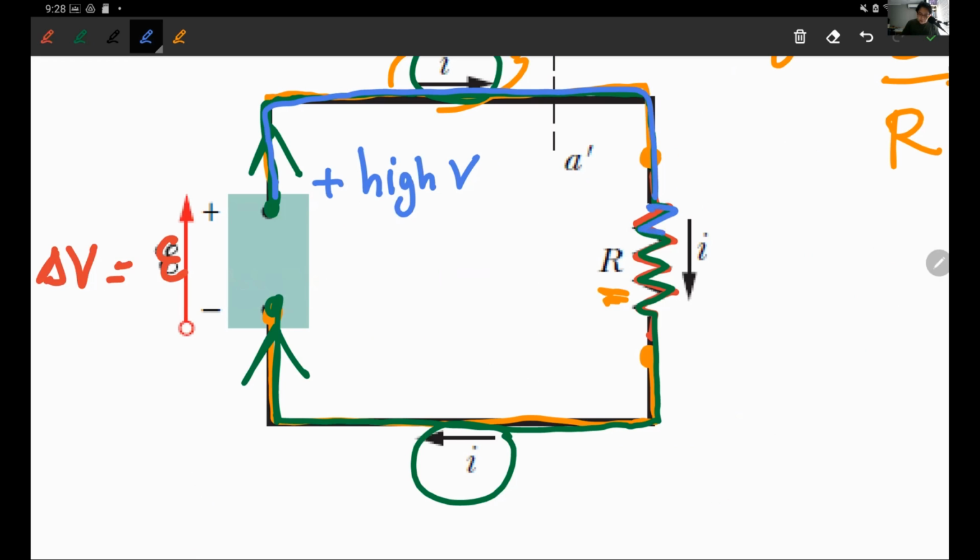Now it meets with some devices that take away the energy, because they have some power consumption. So you can think of it like this: the device will lower your potential. When you come out, you will come out with the low potential. And of course, that low potential will just arrive here.